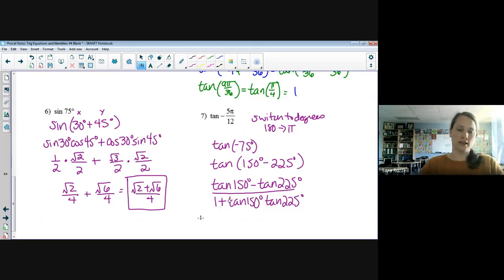I just plugged it into the tangent subtraction formula from above that you wrote at the top. The first angle measure is here and here, the second one is there and there. So now we just need to know what tangent of 150 and tangent of 225 are, and we can plug them in.